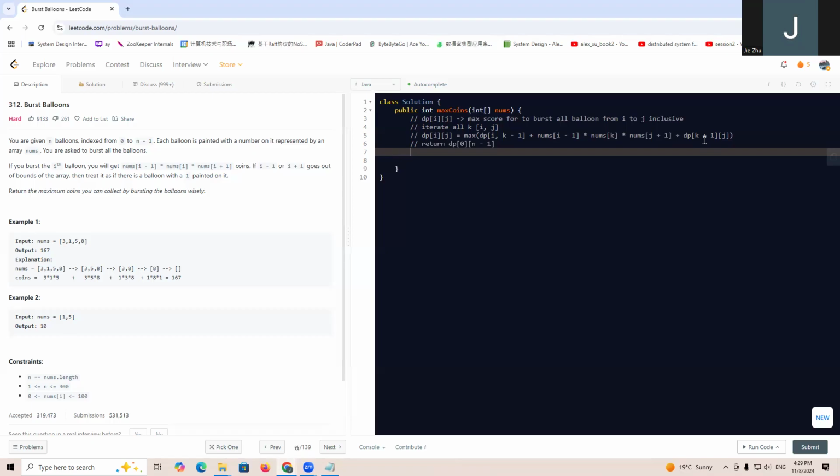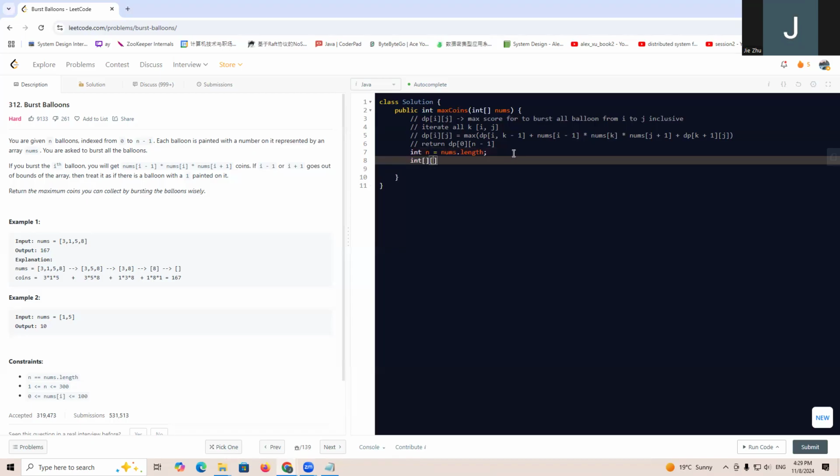So we can use what we write pretty much like a template to write this kind of question. So we'll write code: int n equals nums length, right? And we are going to have int dp equals new int n, right?